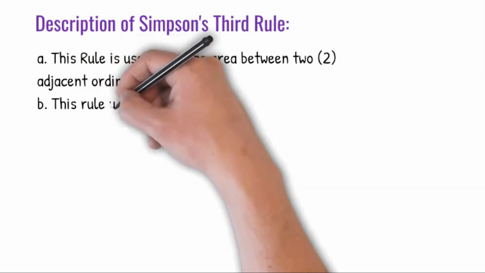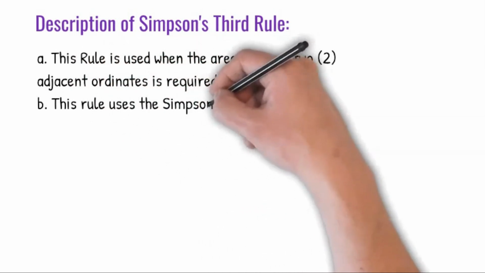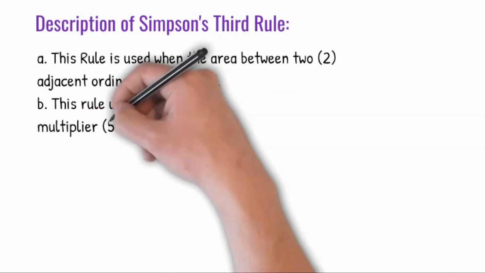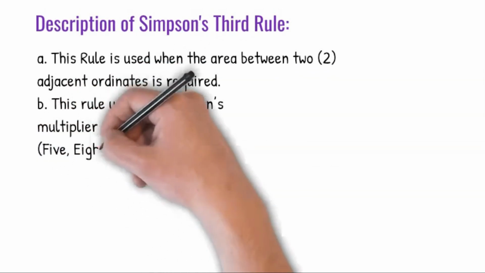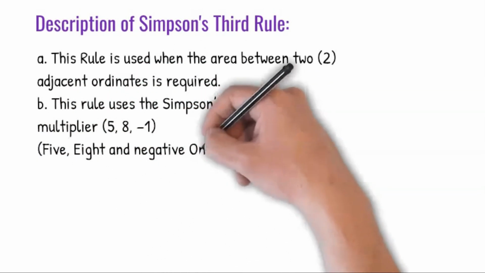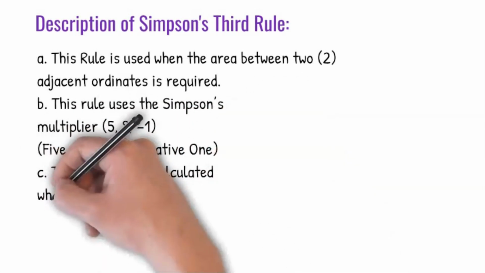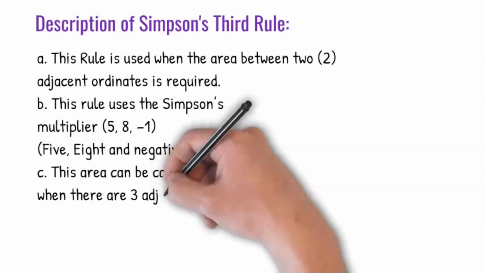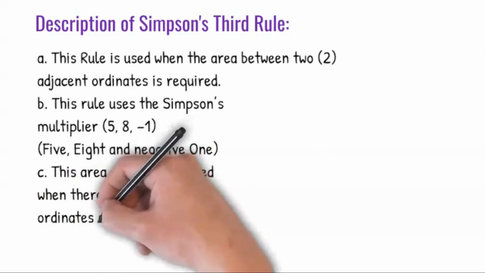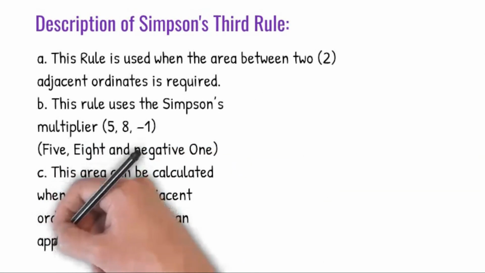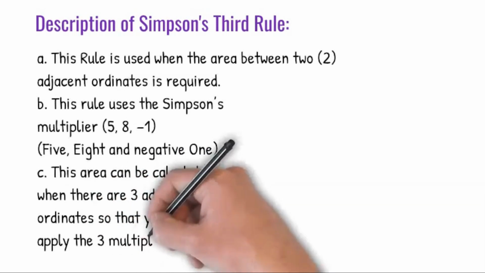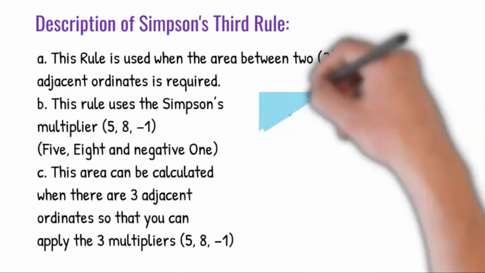B. This rule uses the Simpson's multipliers 5, 8, and -1. C. This area can be calculated when there are 3 adjacent ordinates, so that you can apply the 3 multipliers 5, 8, and -1.